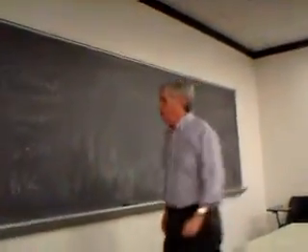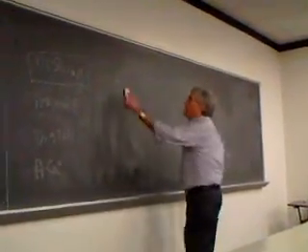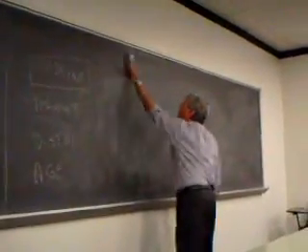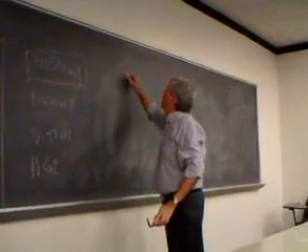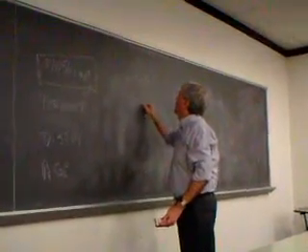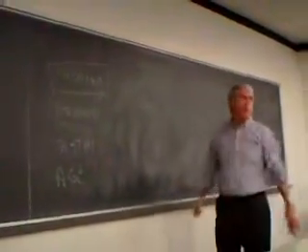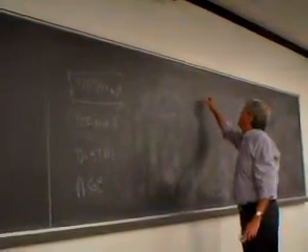Okay, so let me just tell you a couple of things that we make and how they're distilled. Vodka and gin are distilled to about 190 degrees of proof.